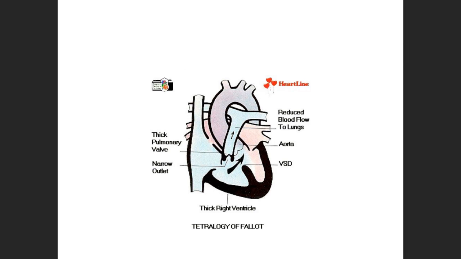So when we look at this diagram here, you'll notice, in fact, that the right ventricle is thickened, and the right ventricle is contracting against increased pressures in the aorta.